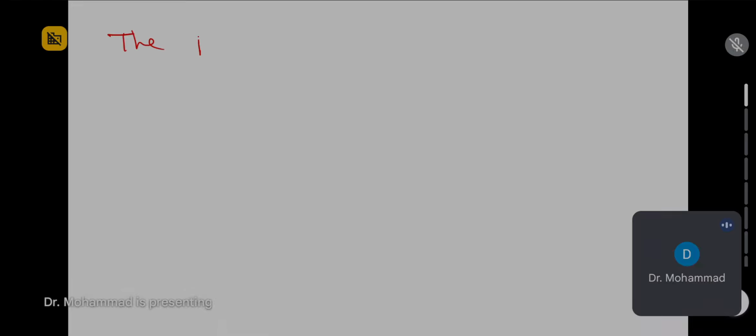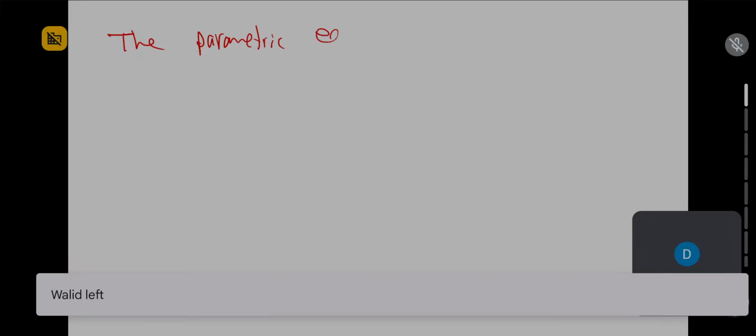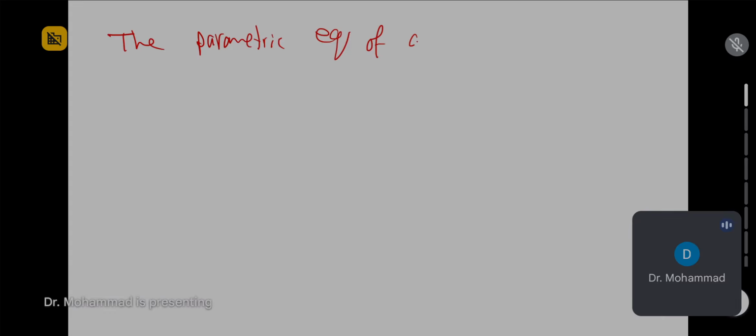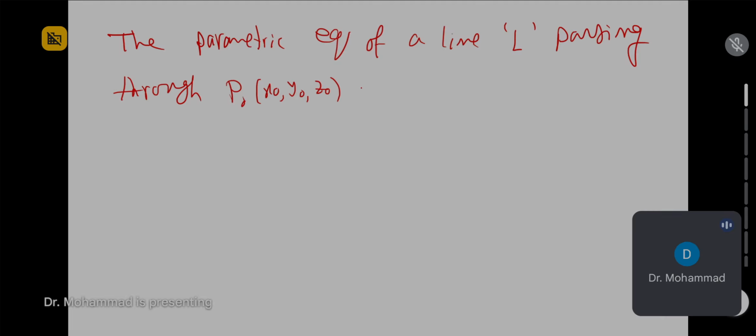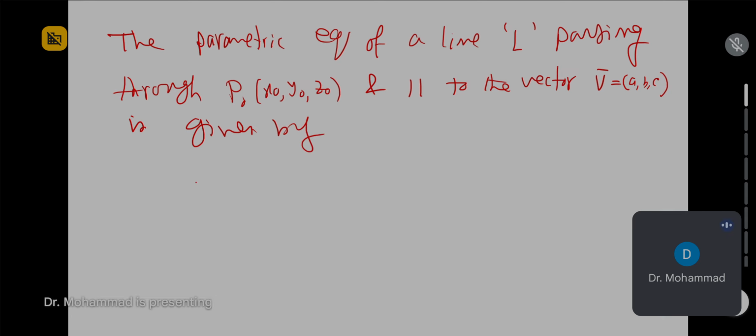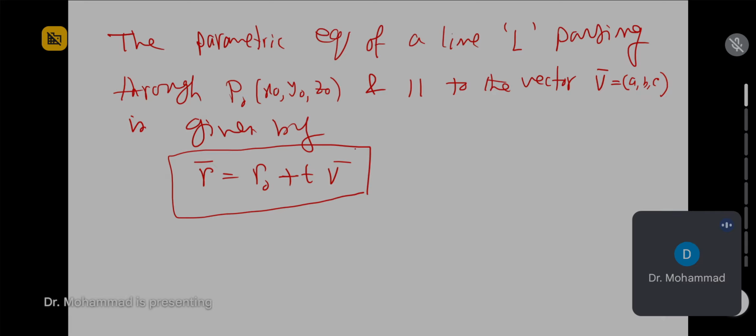We can write the parametric equation of a line L passing through P naught, with coordinates x naught, y naught, z naught, and parallel to the vector V, that is A, B, C, is given by R equals R naught plus TV. So this is the equation of the line L.